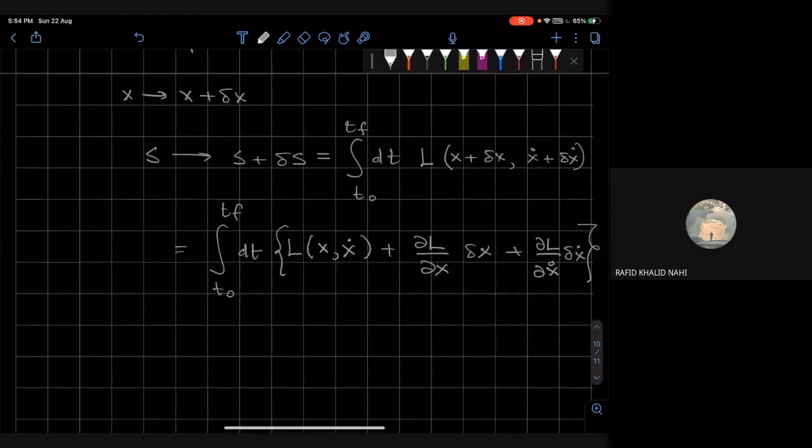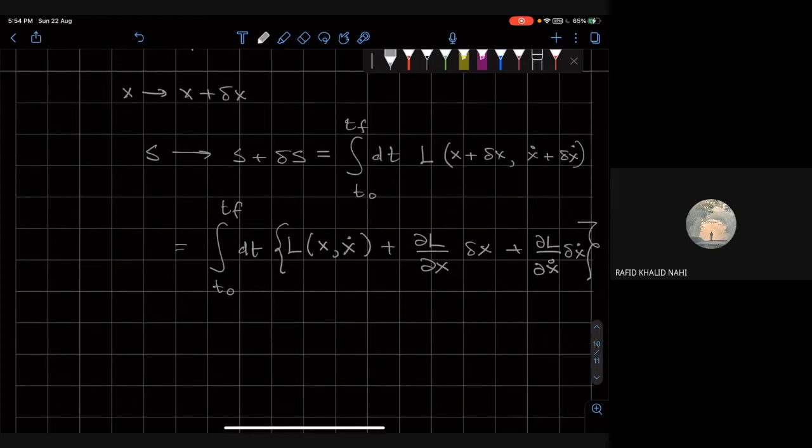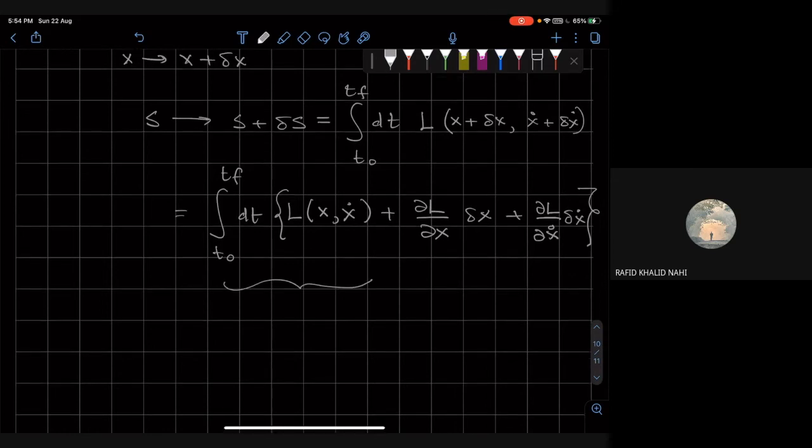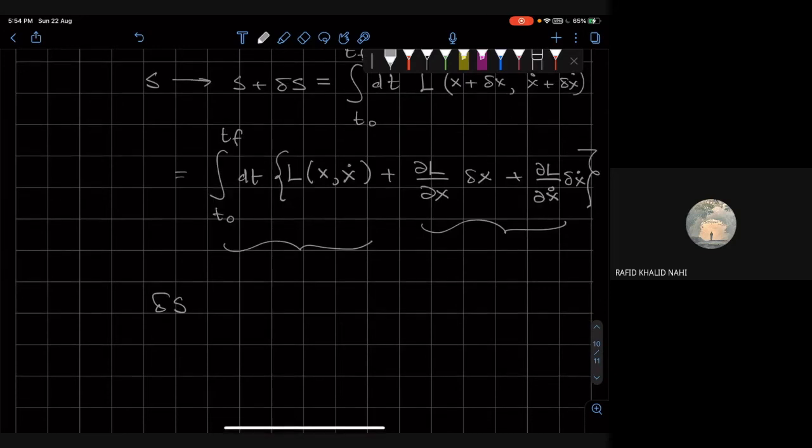We are doing a Taylor expansion. So the first term is nothing but S. So we can write delta of S to be the other two terms.